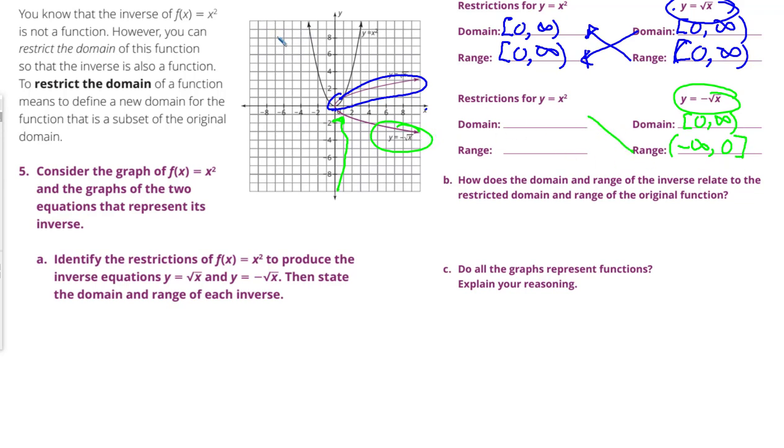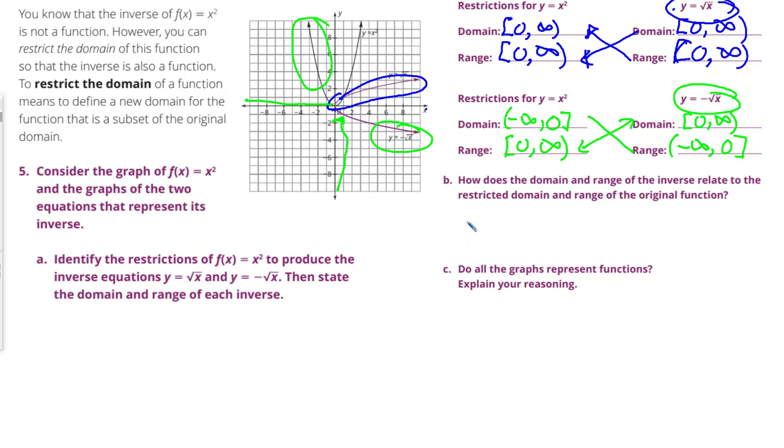And if you look at it on that original piece, that domain goes from negative infinity and stops at 0, and our range is 0 to positive infinity.